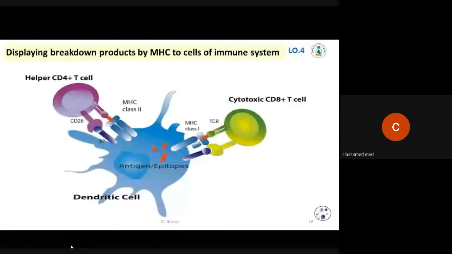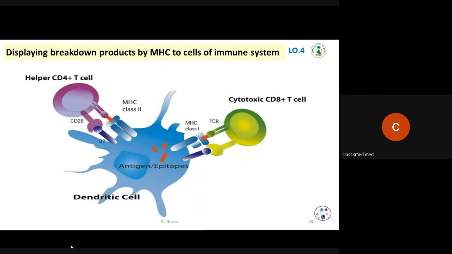Which type of cell should recognize this peptide? The T helper cell, on the antigen presenting cell, and there is a second signal. The first is the TCR on the CD4 T cell with the MHC class 2 peptide complex, and the other signal that we see is CD28 with B7 on the antigen presenting cell.